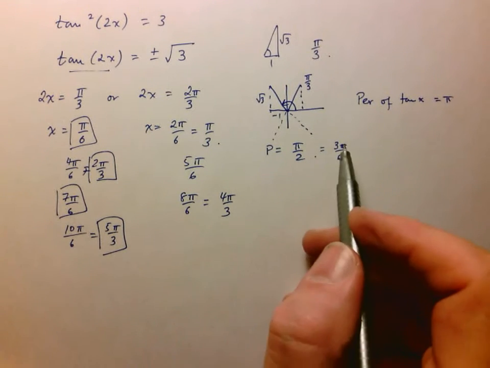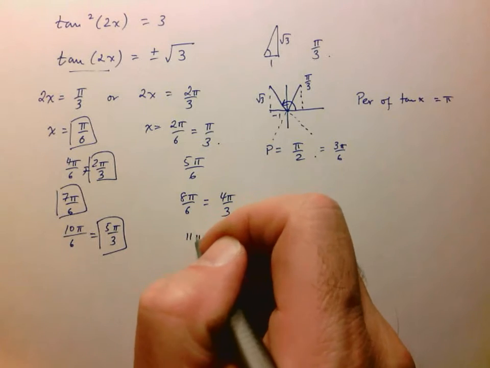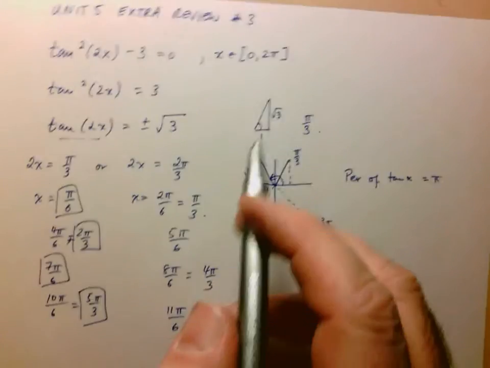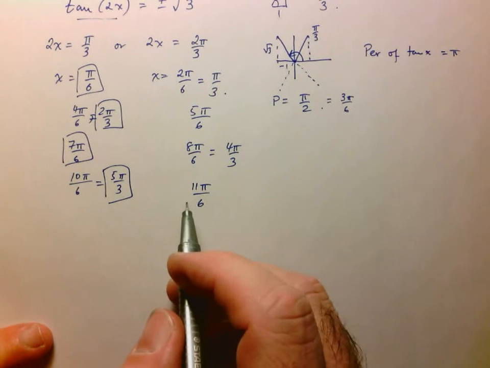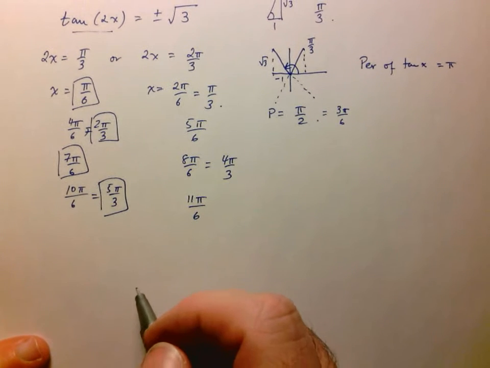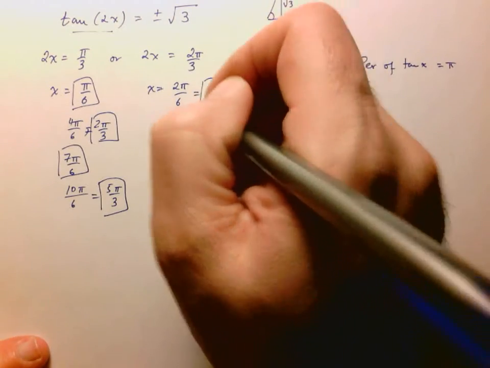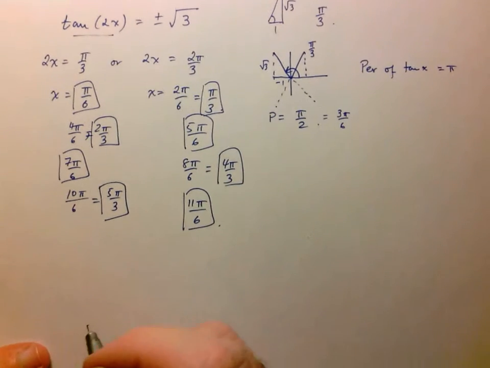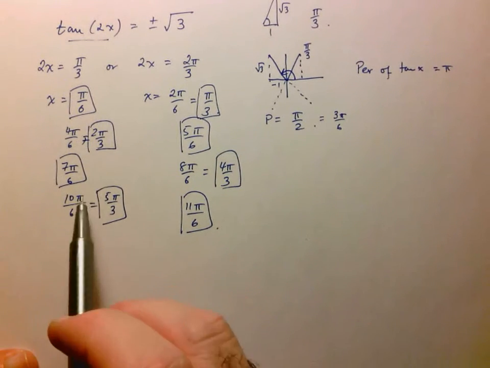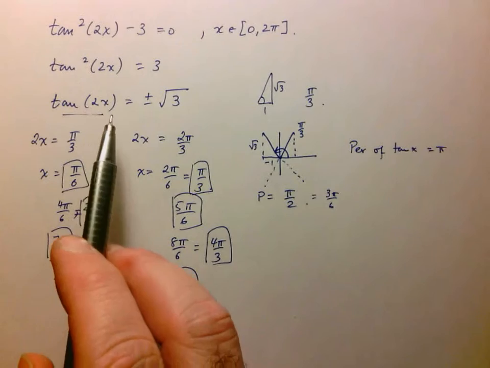And now let's add another 3 pi over 6. That's going to give me 11 pi over 6, which is still within my range. But if I were to add another 3 pi over 6, I'd be beyond the range of values that are allowed. So my answers from the second portion are these four here. So in the end, I've got 8 total answers which solve this equation.